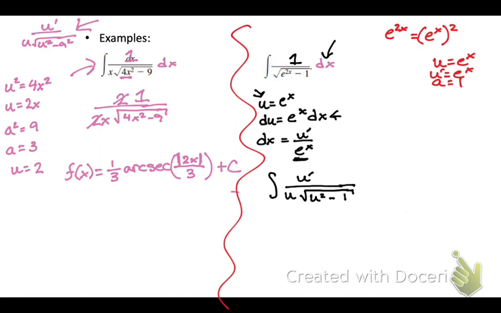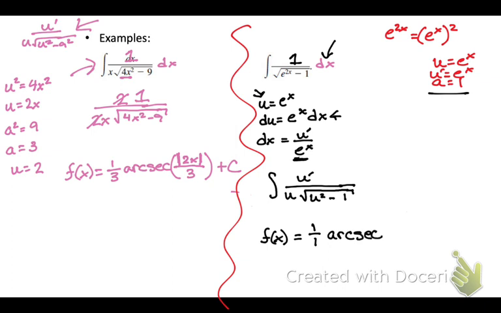Now which one does it fit? Now it fits arcsecant, doesn't it? So f of x equals 1 over a. What's a? 1.